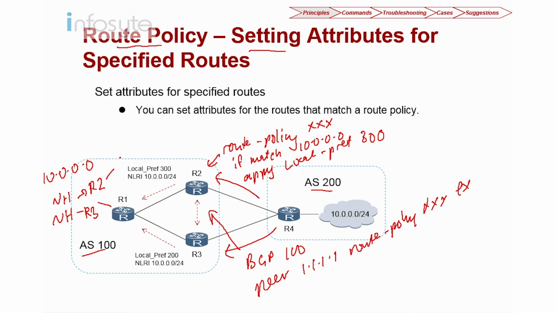Now R2 has a local preference of 300, and on R3 the local preference is 200. So at the end of the day, R1 will choose R2 as the next hop to go out. So we can use a route policy to set attributes, and this is commonly done when you configure BGP.